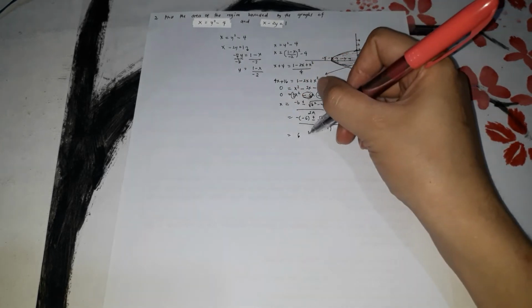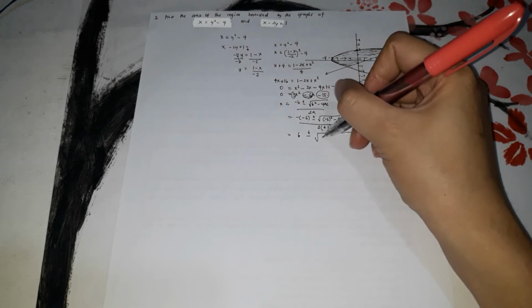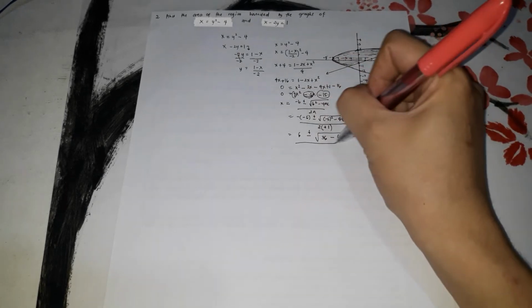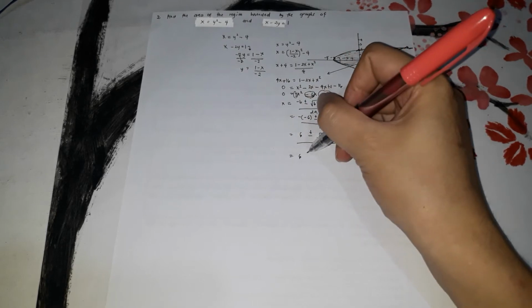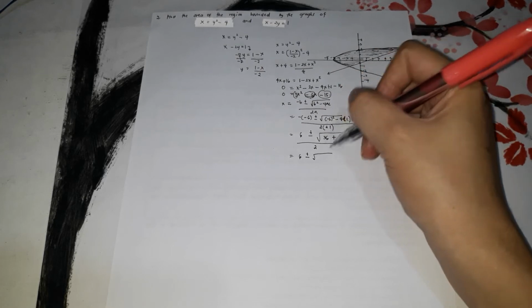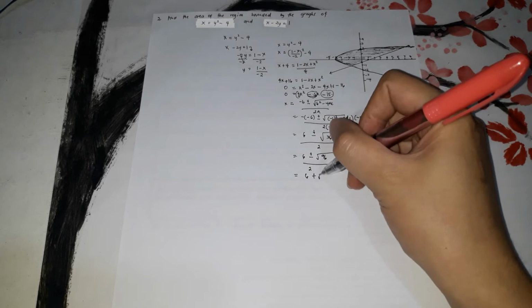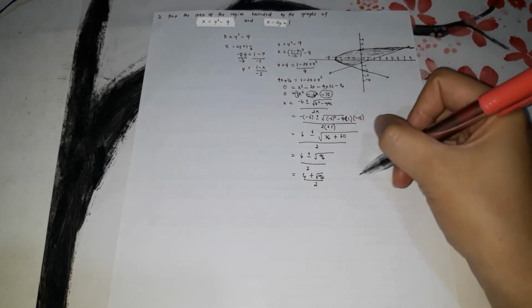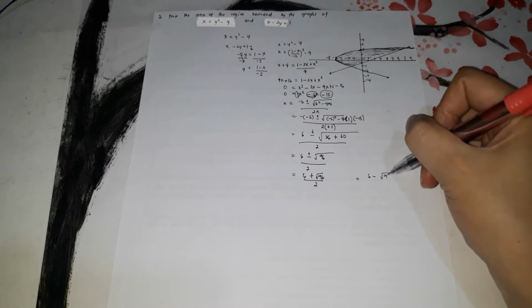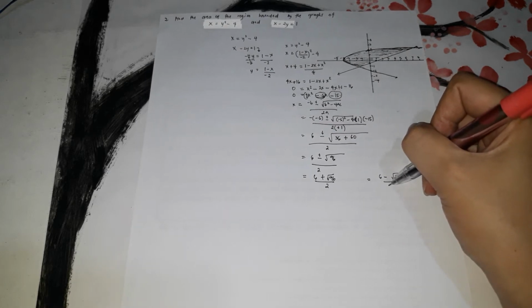So positive 6 plus minus 6 times 6, 36, minus 4 times 1 times negative 15, 4 times 15 is 60, over 2. So 36 plus 60, it's 96 over 2. So there will be two answers: positive 6 plus the square root of 96 over 2, and negative 6, sorry, 6 minus the square root of 96 over 2.